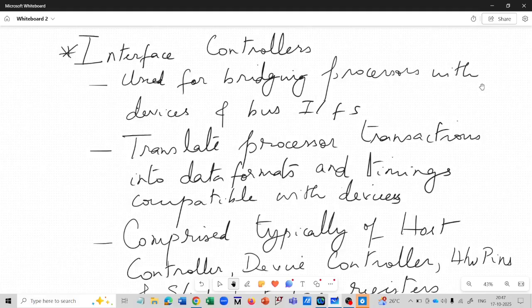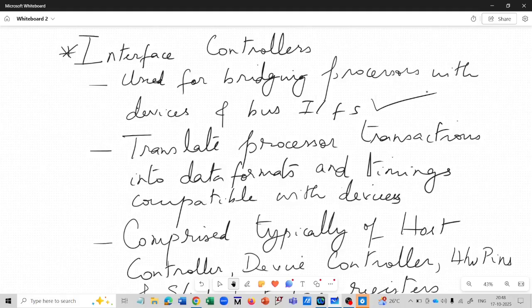We saw that they are primarily used for bridging processors with different types of peripheral devices and also bus interfaces. Now, why do we need interface controllers in the first place? They are primarily required because the devices and different bus protocols have different timings and different data formats.